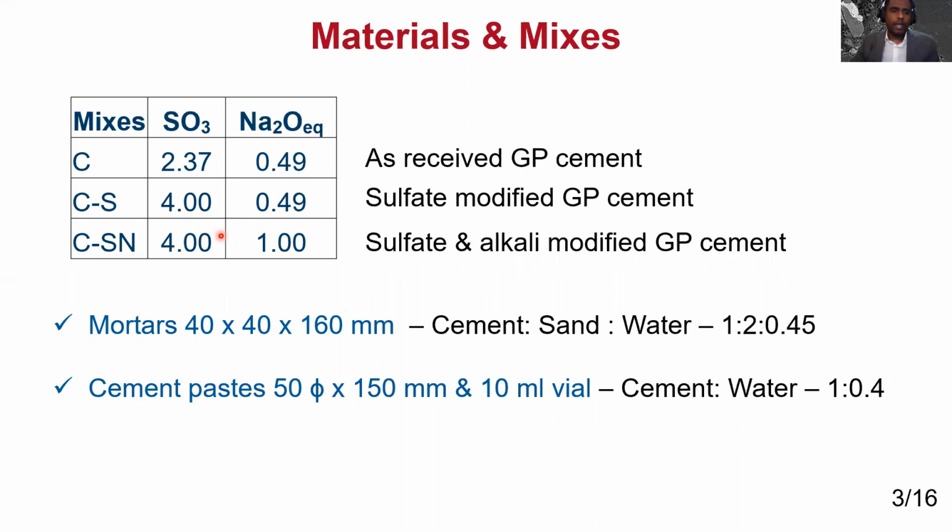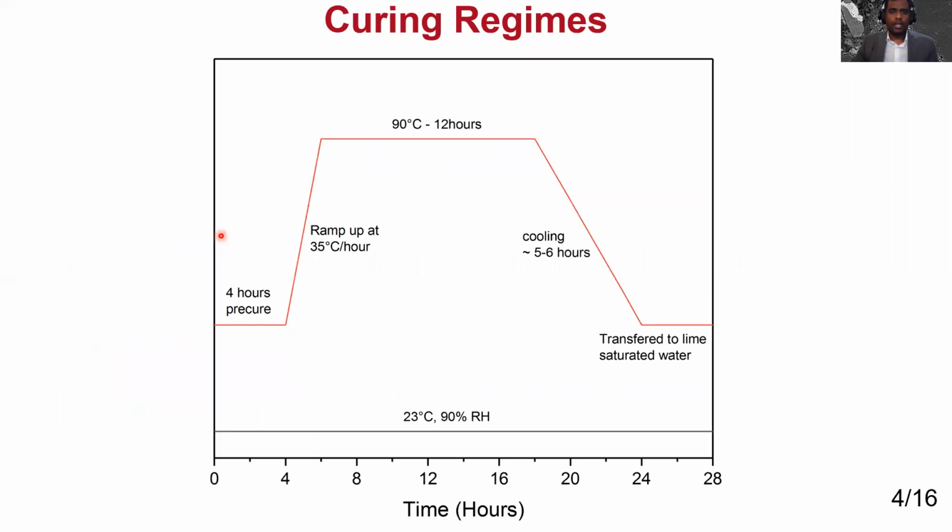With this, we made mortar and cement paste specimens and exposed them to two different heat curing regimes: one at ambient temperature for reference purposes, and one at 90 degrees Celsius for 12 hours to generate DEF in the system. After heat curing, the samples are stored in lime saturated water for further curing.